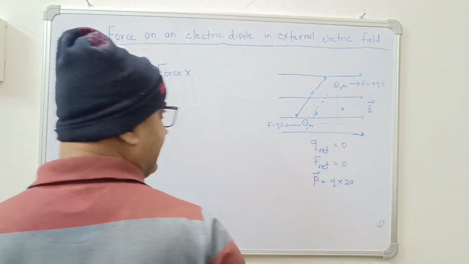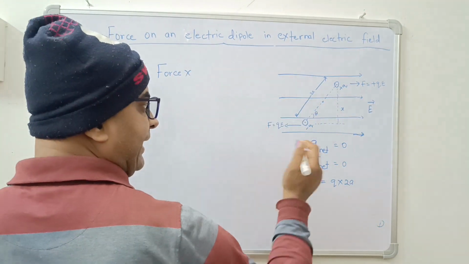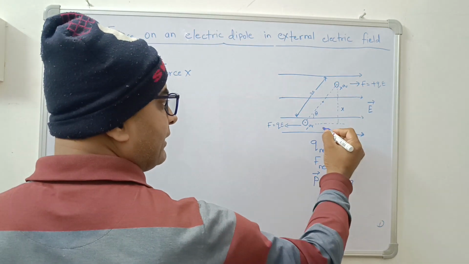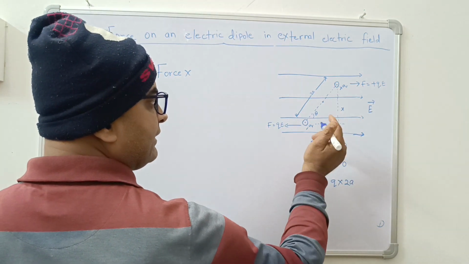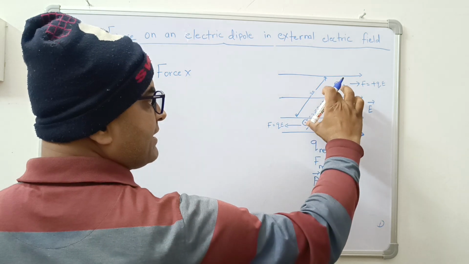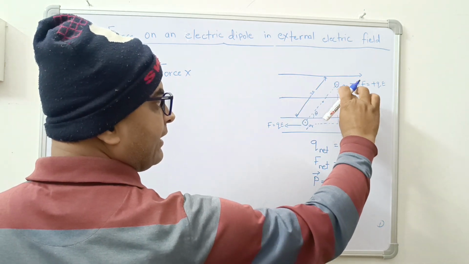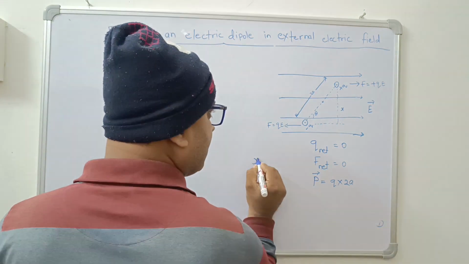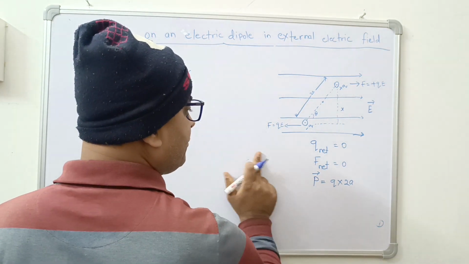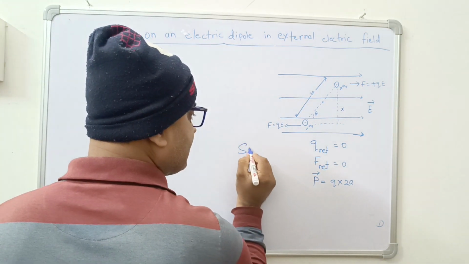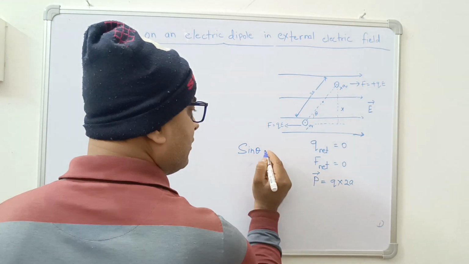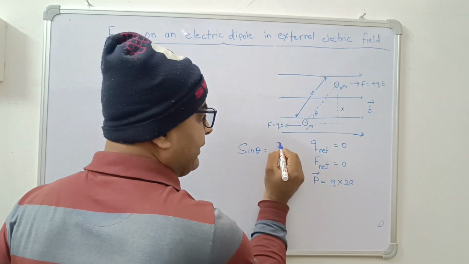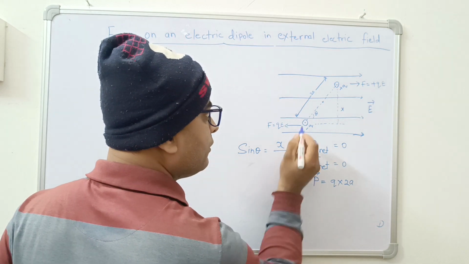What will be x? This distance is 2a, and this angle is theta. If you write sine theta, it will be x upon 2a.